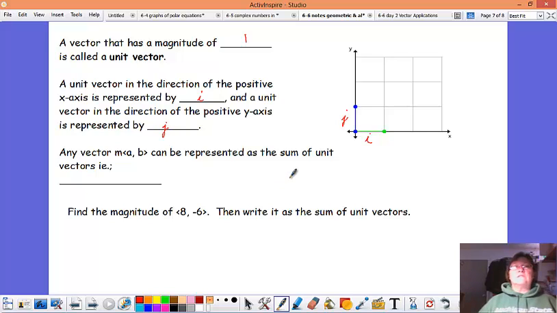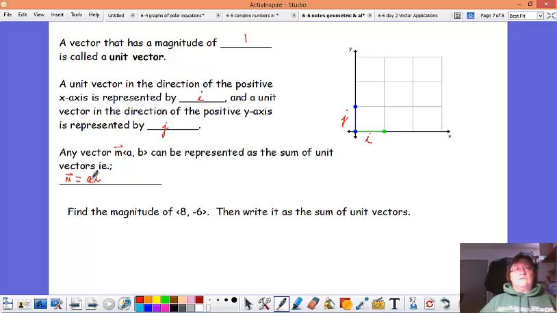Those are both always shown in cursive lowercase letters. Any vector can be represented as a sum of unit vectors. For example, vector M could also be represented as A times i.